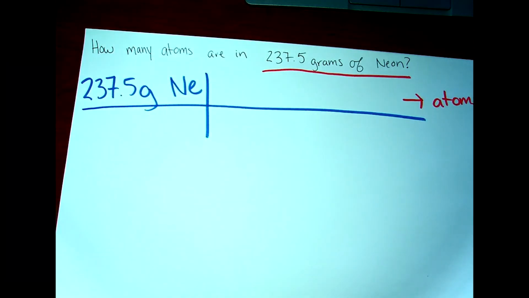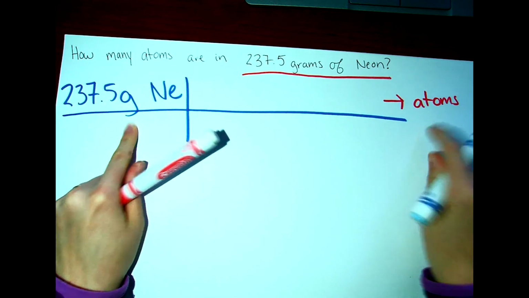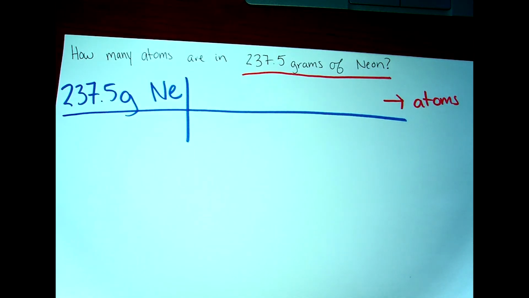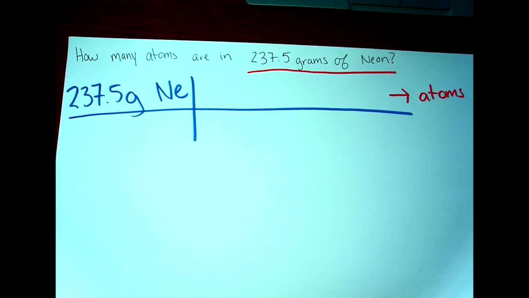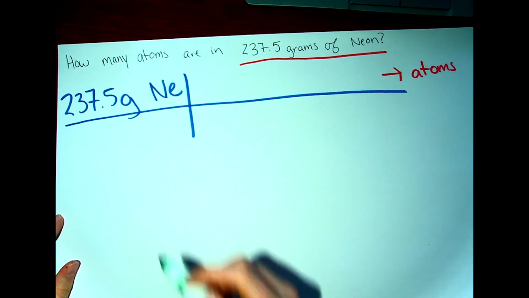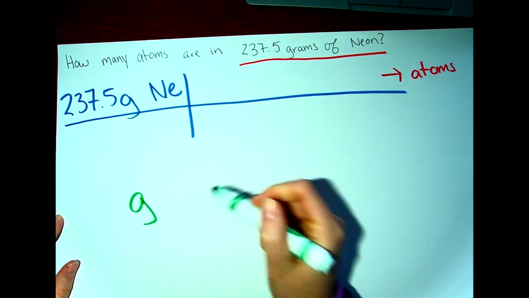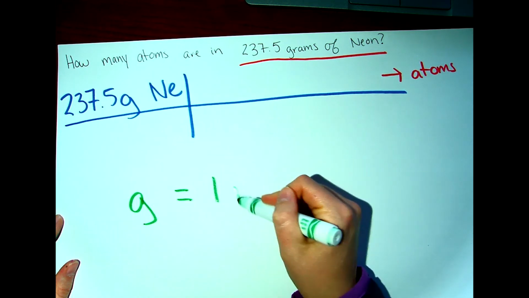All right. So to get from grams to atoms, we don't have a relationship that goes directly there. Instead, we're going to have to go through the mole. So what is the relationship between, say, grams and moles? We've started with grams, and we know that we want to end up with moles.